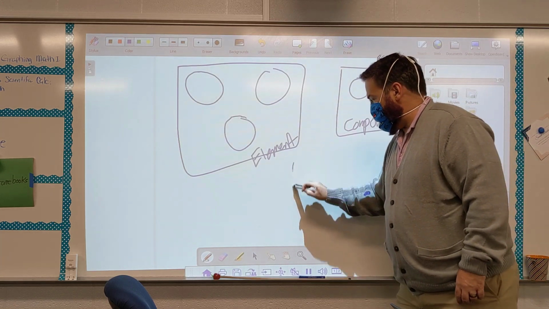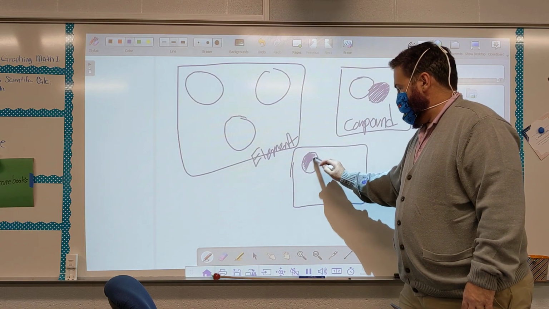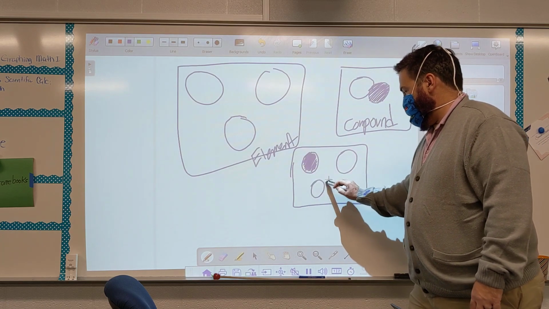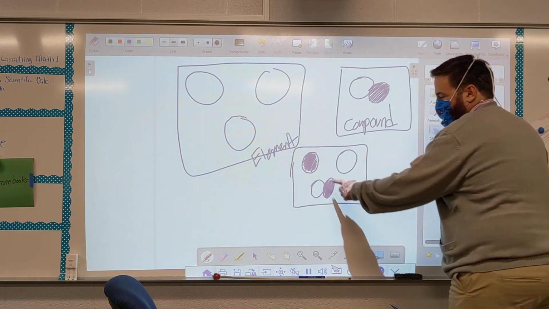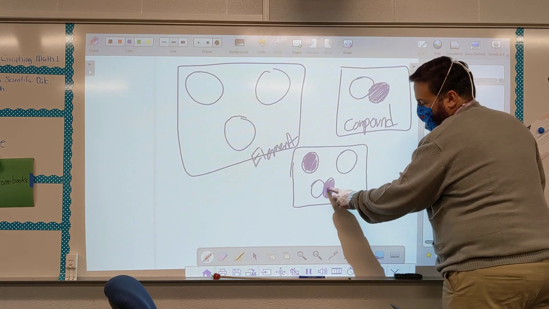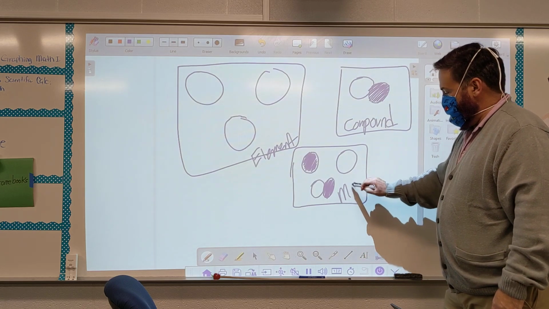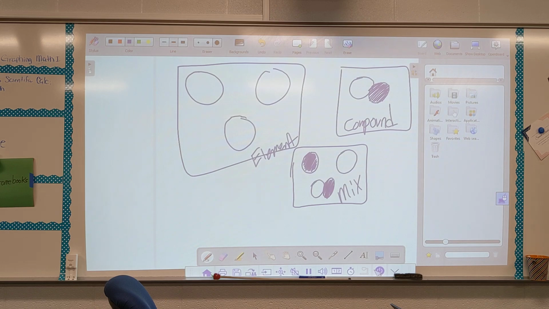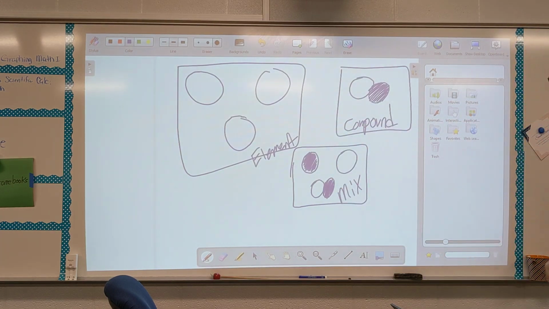And then if you see something like this, or maybe even like this, now we have a mixture. We have 2 different elements, and we have a molecule of those elements chemically combined, so that would be a mixture. So sometimes on test questions, you'll see diagrams like this, and they'll ask you, is this an element, compound, or mixture?